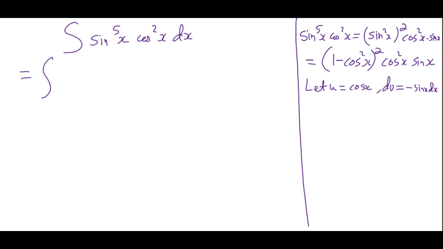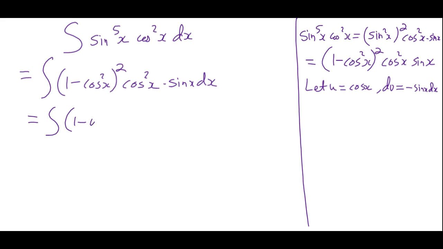Let's do the substitution. 1 minus cos squared x squared times cos squared x times sine x dx. Now we can substitute: 1 minus u squared squared times u squared times negative du. So sine x dx, sorry, negative sine x dx is du, so negative du is negative sine x dx.